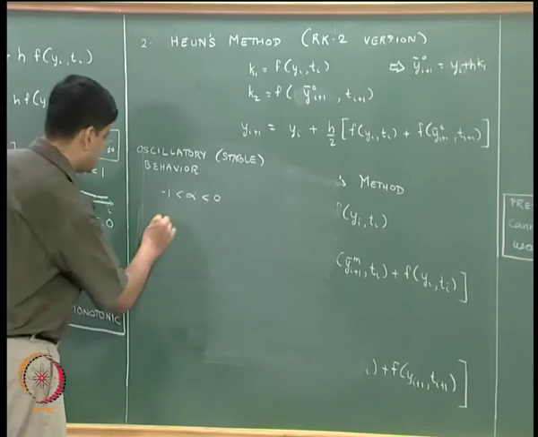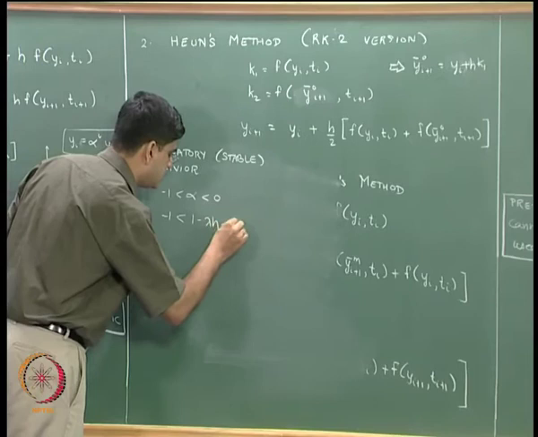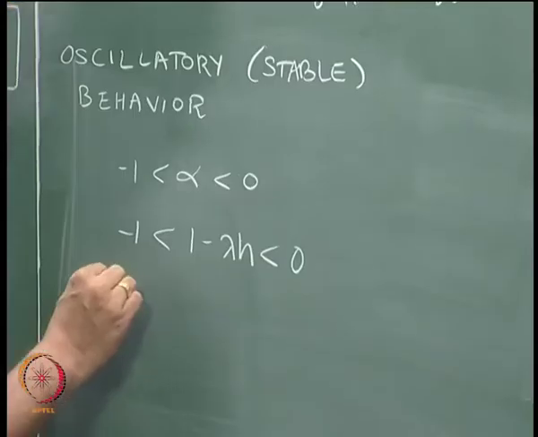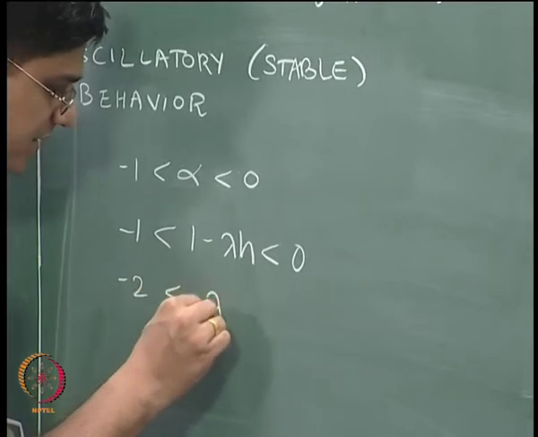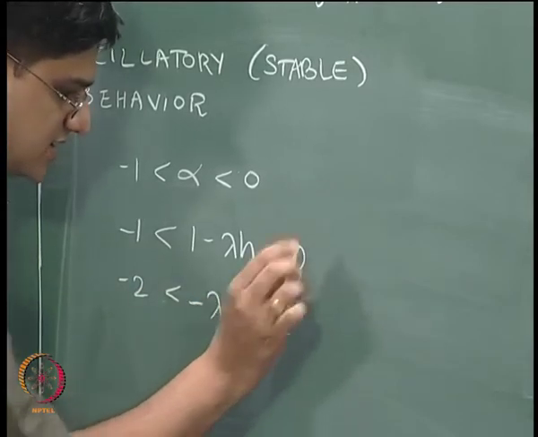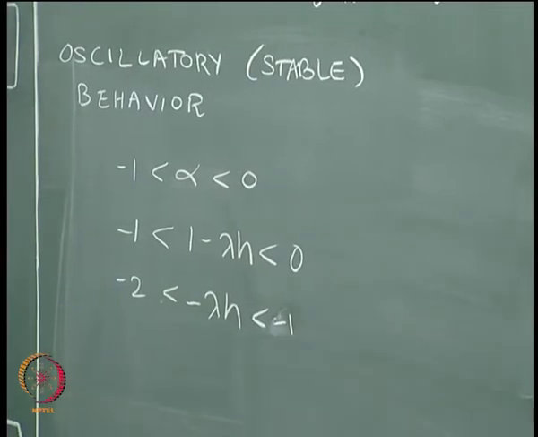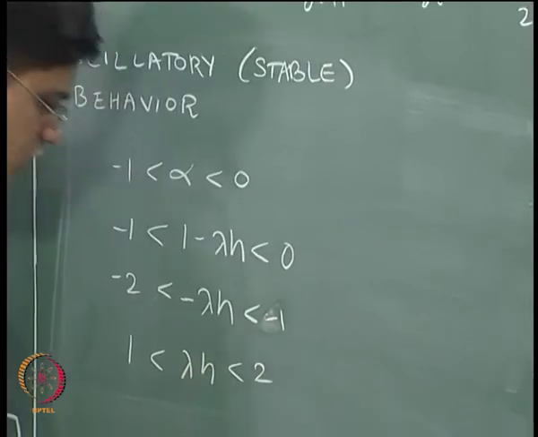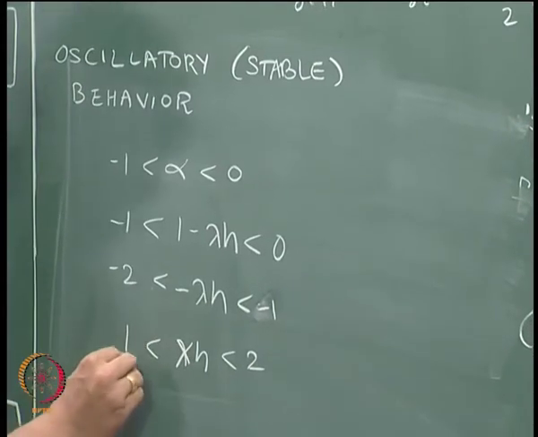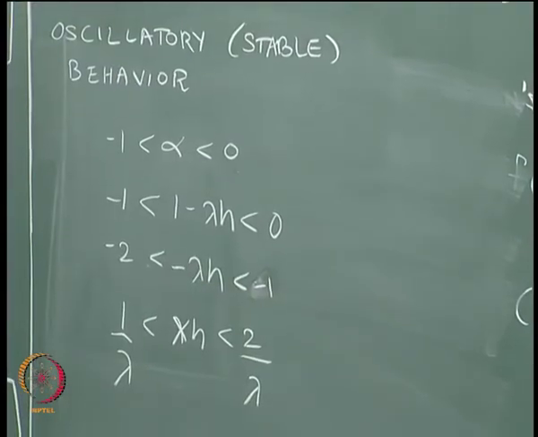That means minus 1 less than 1 minus lambda h less than 0, or minus 2 less than negative lambda h less than minus 1, or 1 less than lambda h less than 2, or h should lie between 1 by lambda and 2 by lambda.